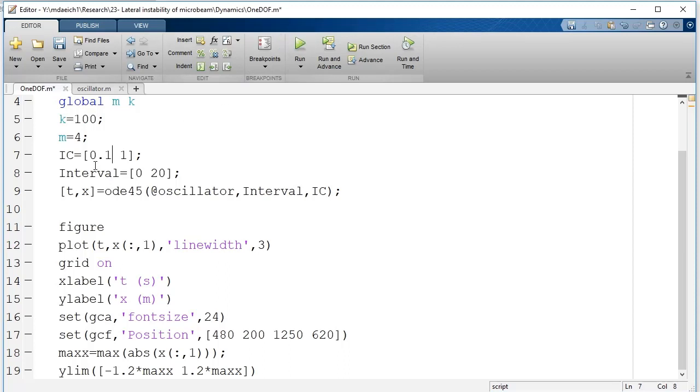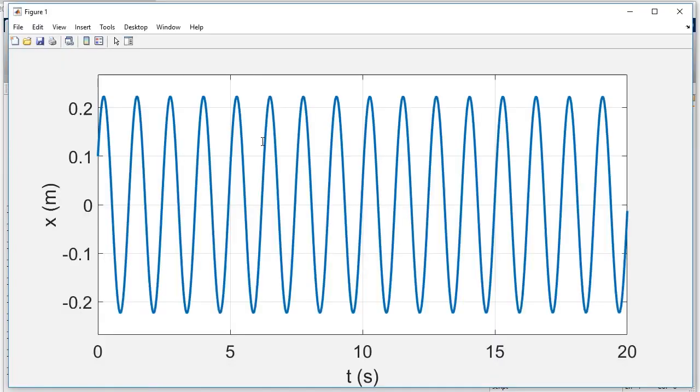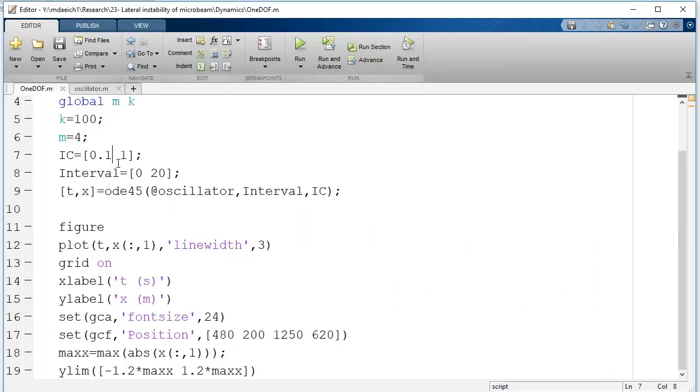So for example, 0.1 meter initial displacement and 1 meter per second initial velocity. So if I run this, we get something like this. The position starts at 0.1 and the tangent to the curve is not horizontal anymore because we have an initial velocity. So you can play with these values to see how that changes, or you can also change this time interval.